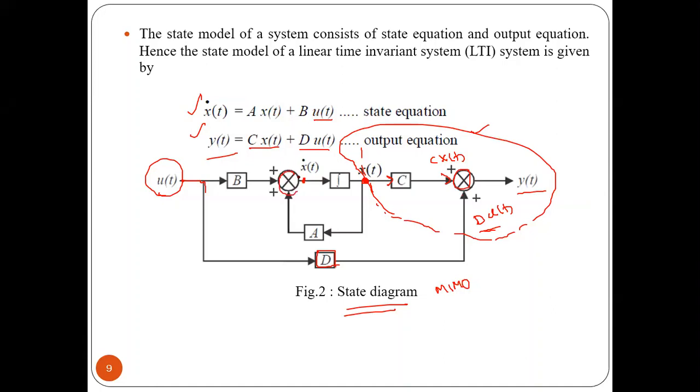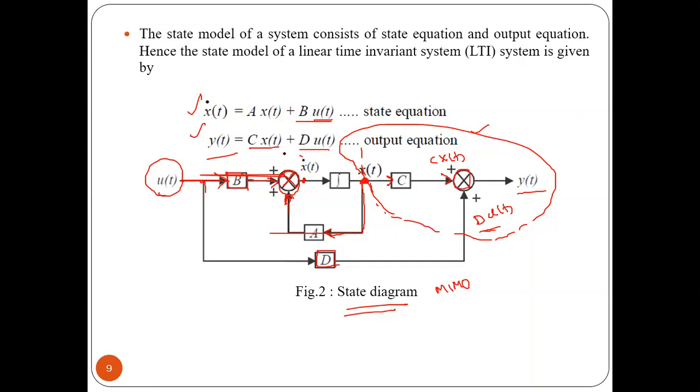So make a summing point with two inputs. One input is coming from x of t. So x of t already we defined here. You multiply this with A matrix and connect to the summing point. And the next input is B into u of t. So it comes from the u of t input. And multiply this with the B matrix and join to the summing point. Therefore, you get x dot of t.